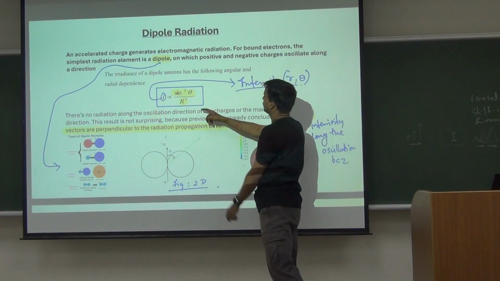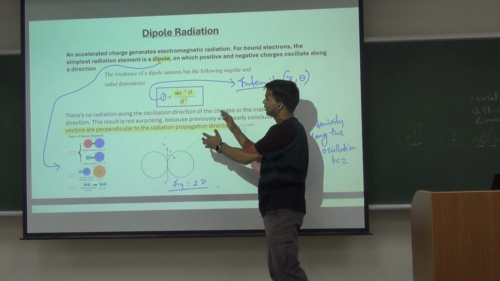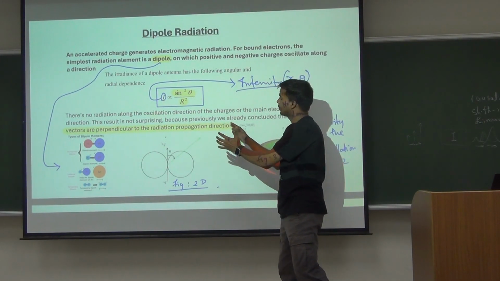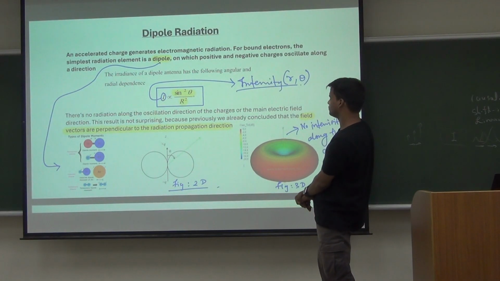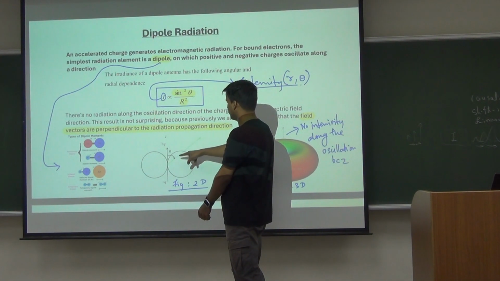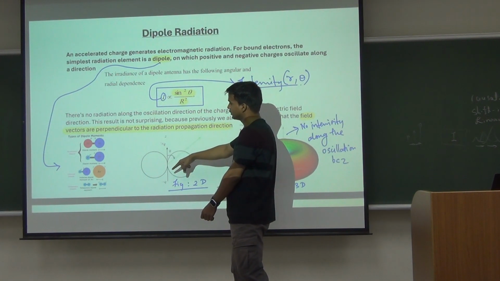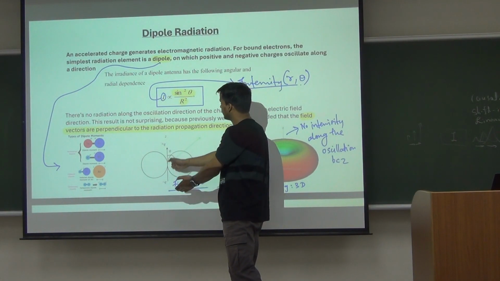The angular dependence of the intensity of that radiation is directly proportional to sin squared theta, and it is inversely proportional to the square of the radial distance. Another property is that the radiation is not in the direction of the oscillation; it cannot be.